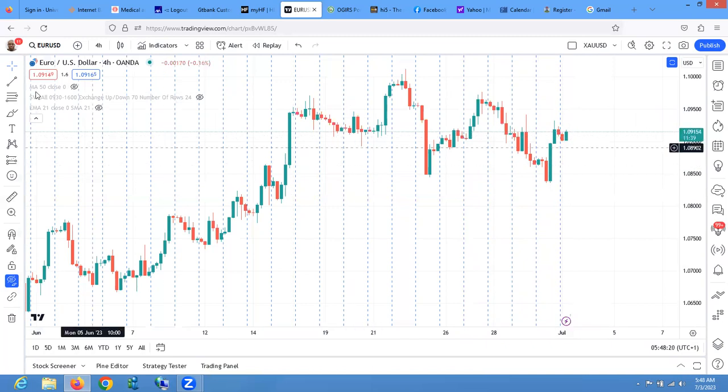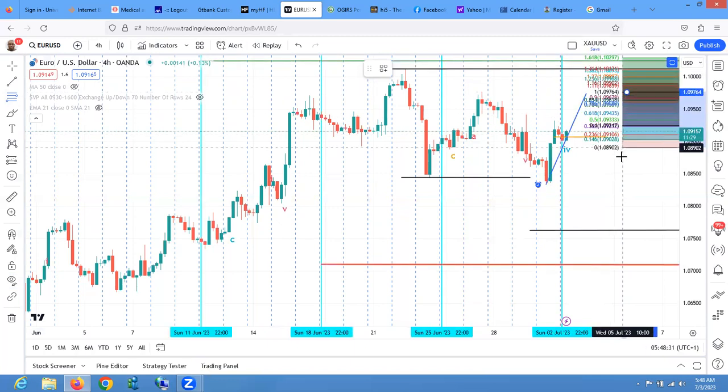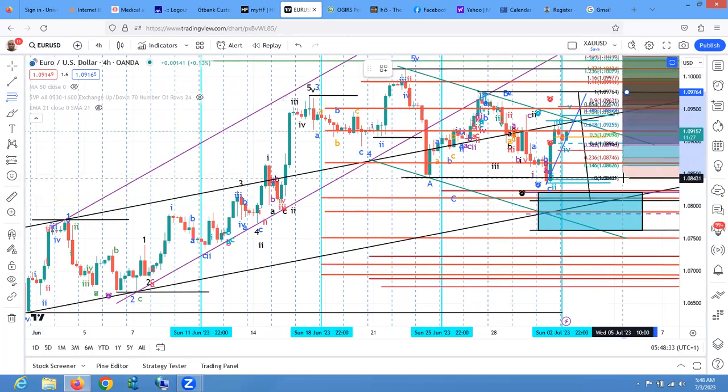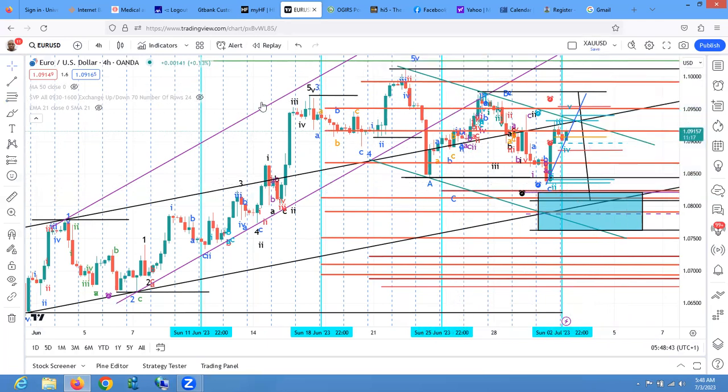So now looking at this Euro Dollar. We start from the top here, and we take it to the bottom here. This is the bottom here. Or let me go to 1 hour so that you can see it very well.